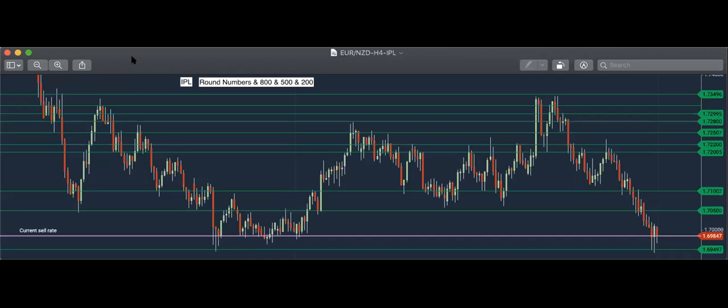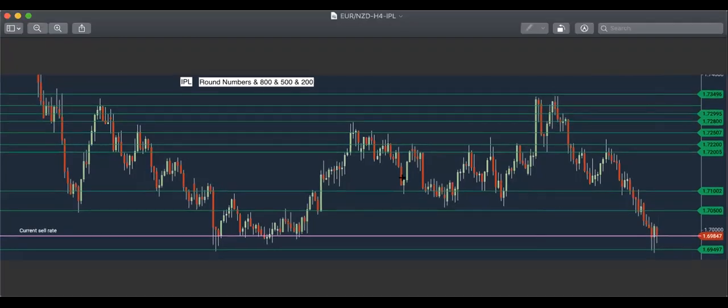As you can see, this is the example we have for the Euro NZD. Time frame is H4, and you can see how we have the different IPLs highlighted in this chart.